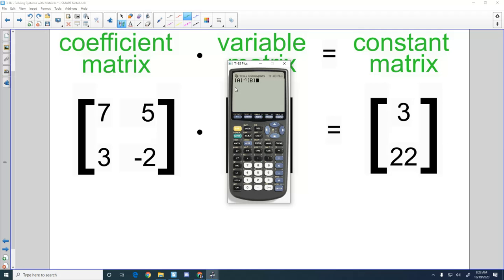A inverse times B. I don't even need to hit multiply because it knows if 2 things are next to each other, it indicates multiplication. You hit enter, and look at that. 4, -5. That's our solution. Okay, that is the easiest way to solve a system of equations by far. Pretty crazy, right?